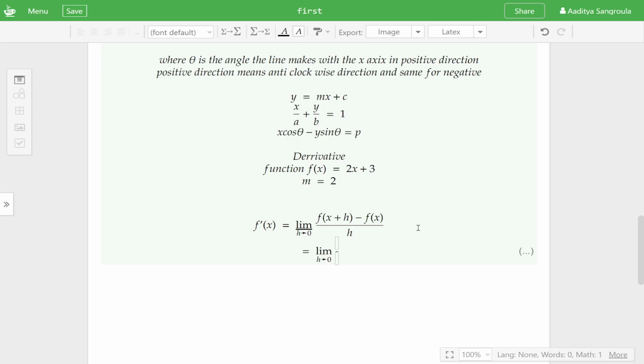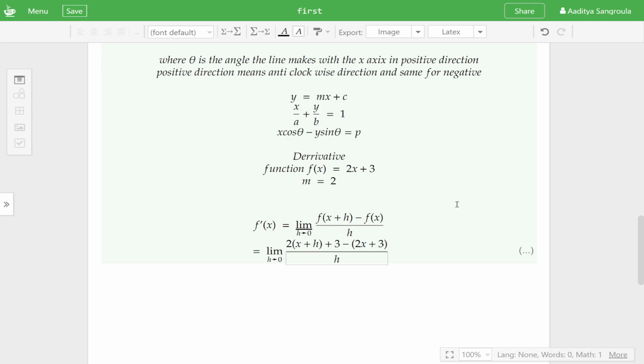In place of x in the function f of x, we input x plus h. So 2 times x plus h plus 3, minus 2x plus 3, which is just f of x, divided by h.